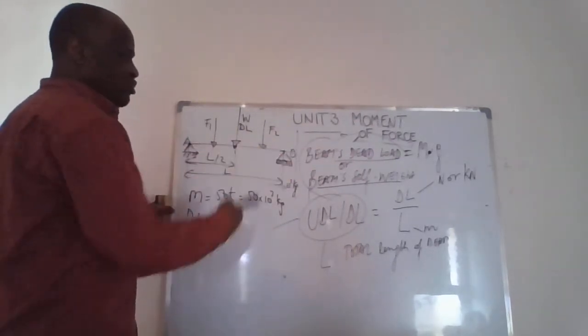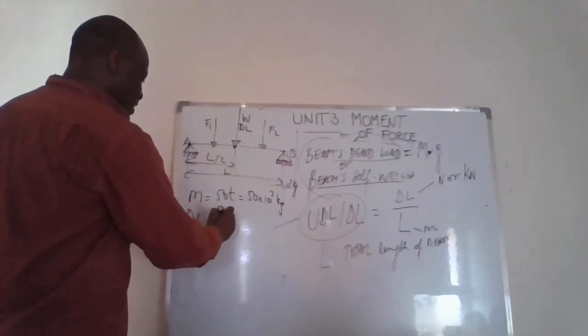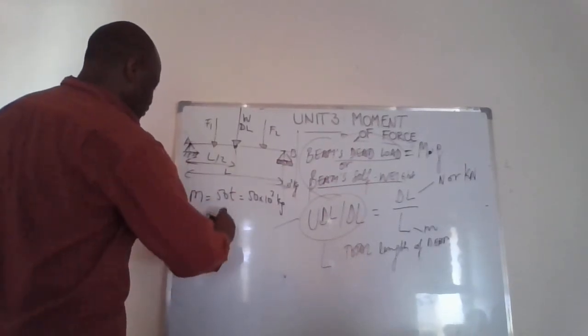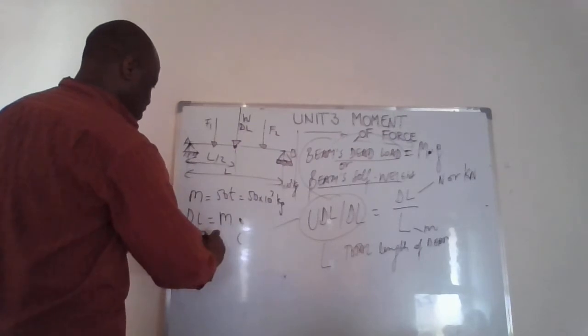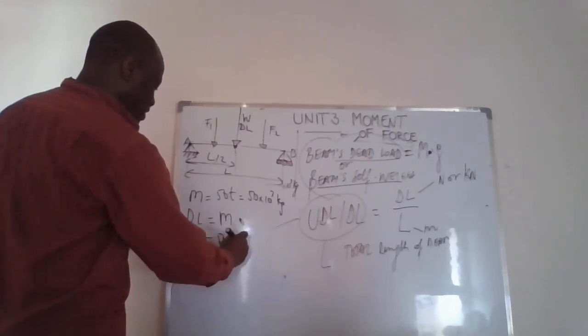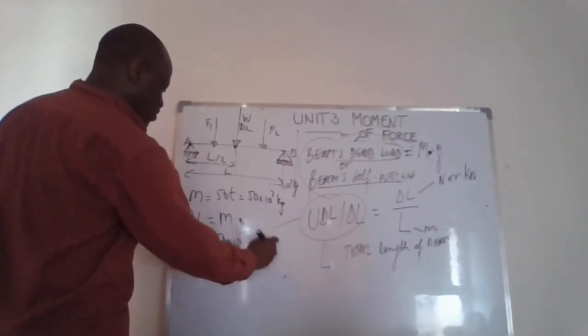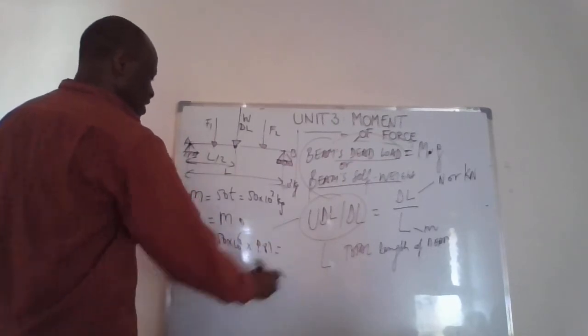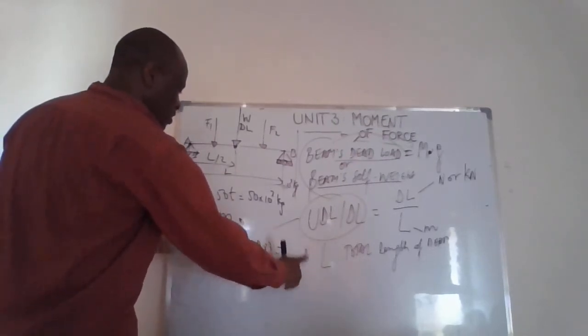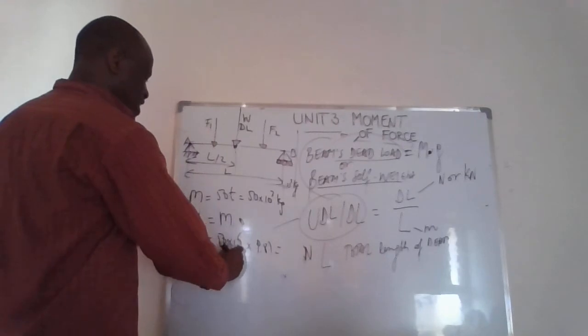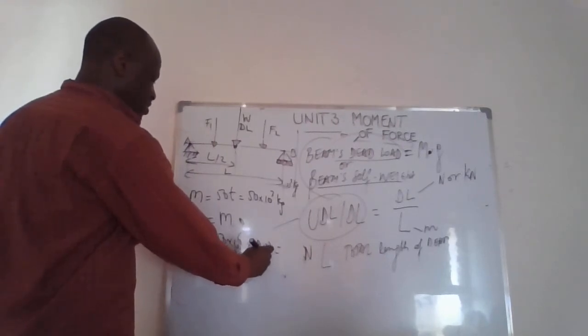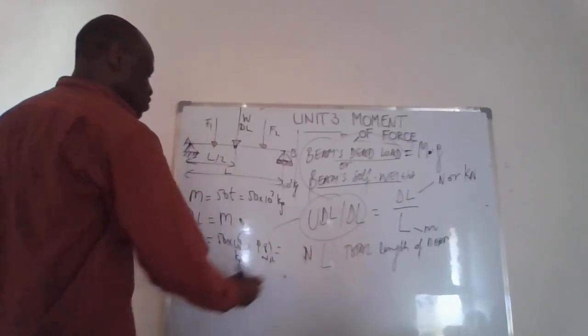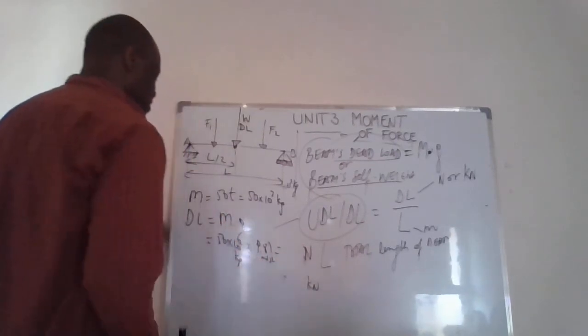The beam's dead load, or the beam's self-weight, will be the mass of the beam times g, which is 50 times 10 to the power 3 times 9.81. You get the dead load in newtons, because kg times meters per second squared gives us newtons. We can convert it into kilonewtons.